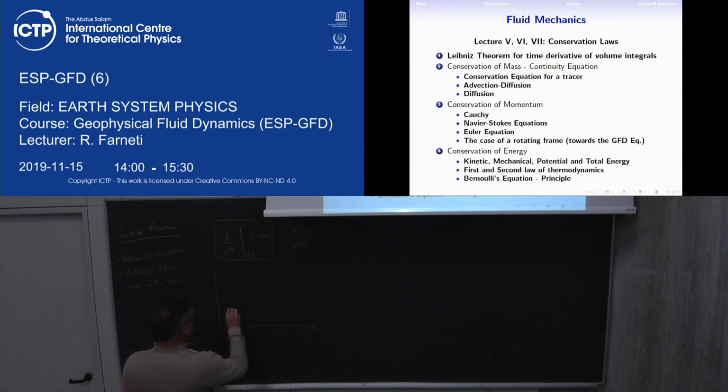So we have our function f, and the limits of integration are a1 and, for example, b1. We integrate this function, this tensor, between a1 and b1. But instead of a volume moving in time, in this case we have a line moving in time.